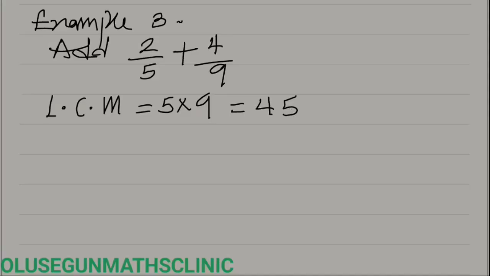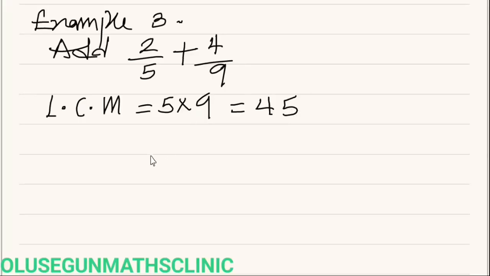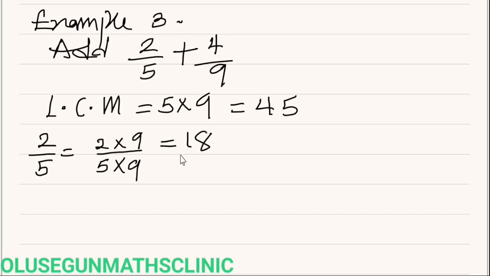Now, what are you going to do to make this denominator 45? 2/5 can be 2 times 9 all over 5 times 9, so it will give you 18/45.